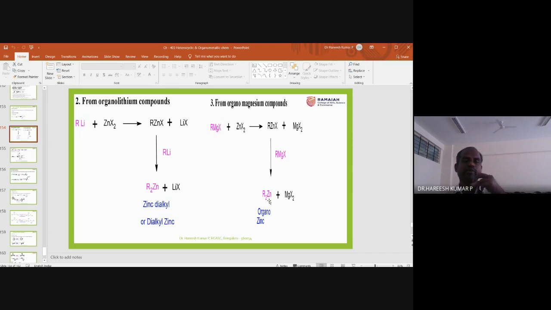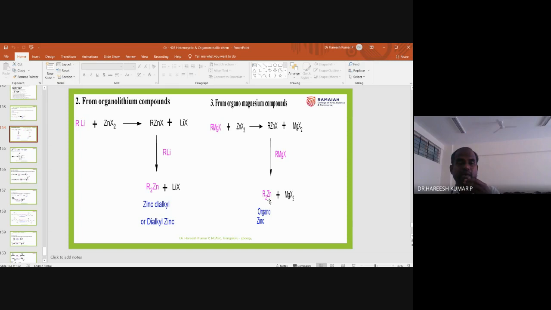But I am not going for propyl, butyl, that is, higher alkanes. I will explain later why I am not taking higher alkanes. Of course, I am saying alkyl zinc, but methyl is the more popular one.